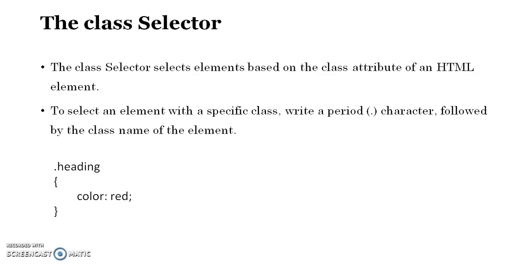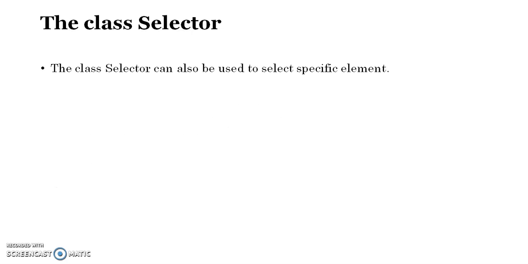But you can also use this class selector to select a specific element like the ID selector. How? I already told that if you have an h1 element and p element in your web page and both have the class name heading, so whenever you write dot heading and your code goes to color red, that means the color of both the h1 and the paragraph will be changed to red.